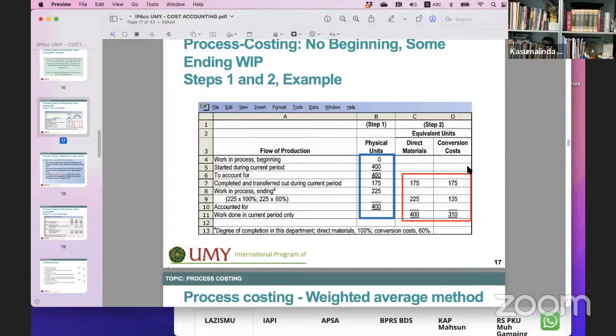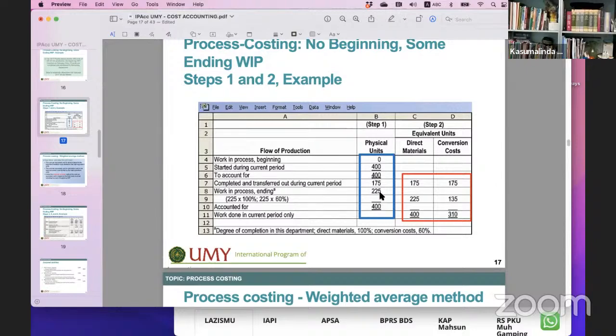In Malaysia we use RM, Ringgit Malaysia, or no currency sign here, meaning that this table only analyzes the units. And the units to account for, 400 here, should be equal to the units accounted for, 400 here.